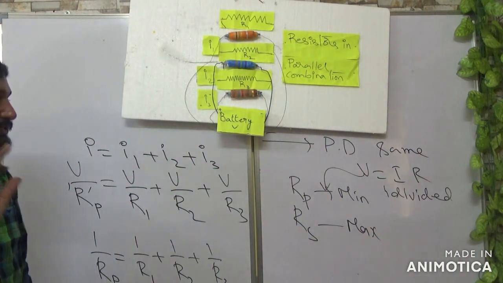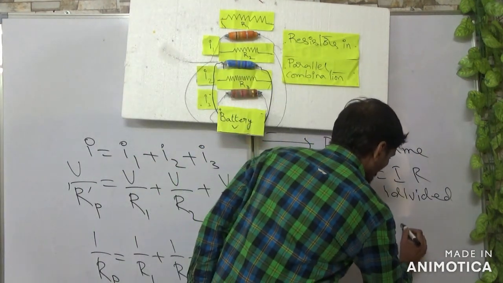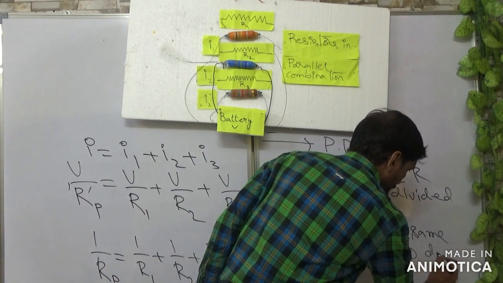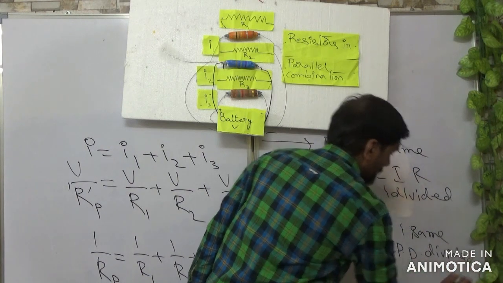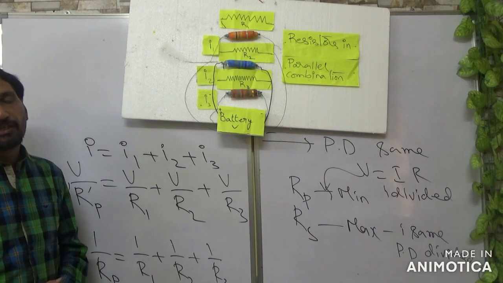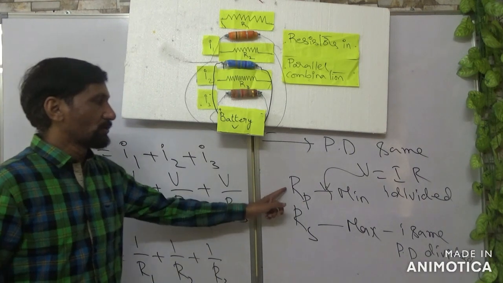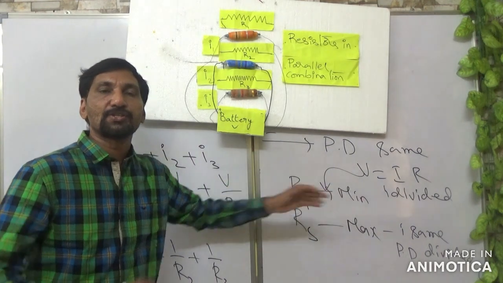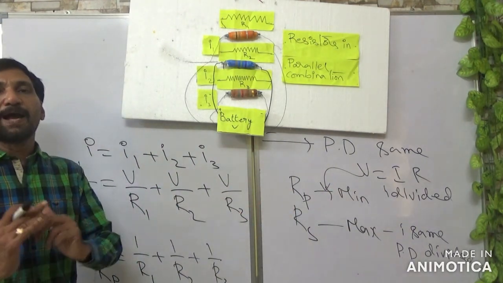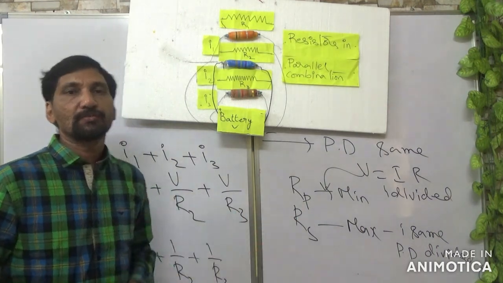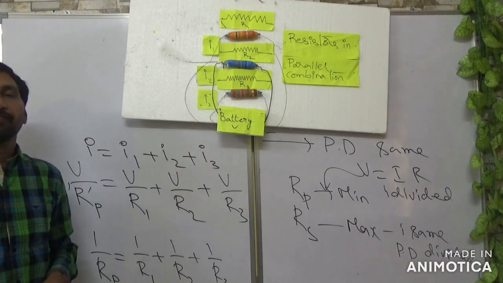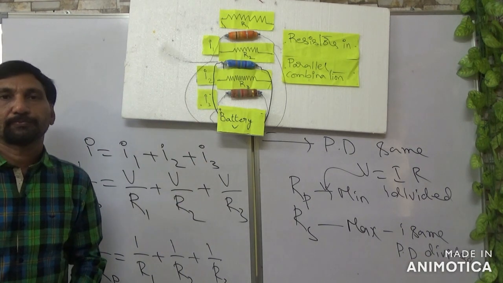In case of series combination, I is same and potential difference is divided. If you know these 2 points, it's easy to solve any problem. So resistors in parallel offer minimum resistance, resistors in series offer maximum resistance. Based upon this we'll solve problems also.